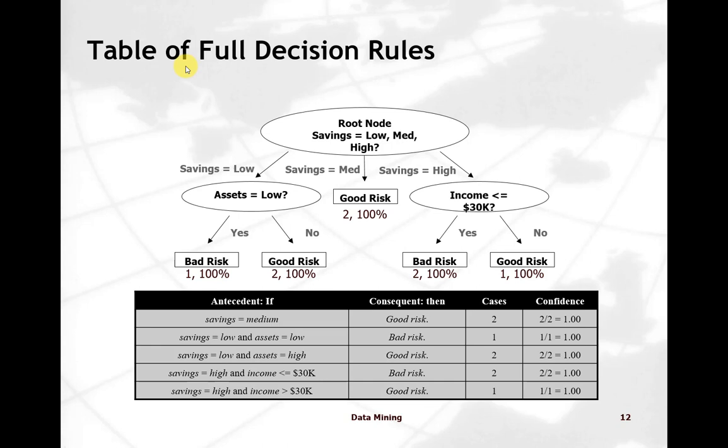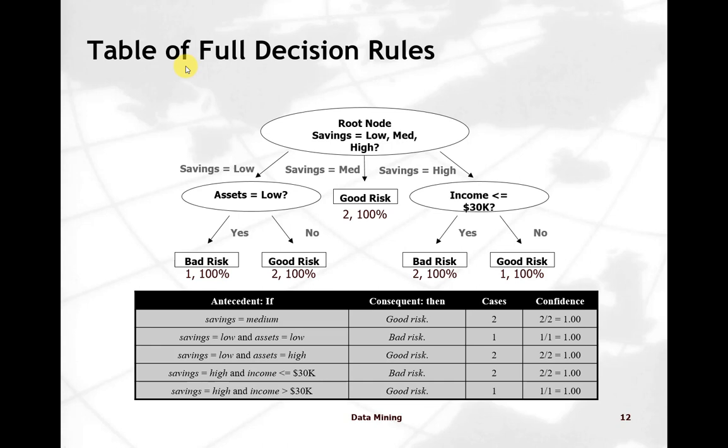If savings is median, then the prediction is good risk. There are 2 cases going into this branch, and 2 of the 2 points have the good risk classification, so confidence is 2 out of 2, 100%. That summarizes one decision path, one decision rule.